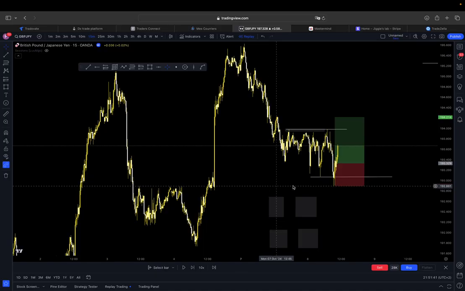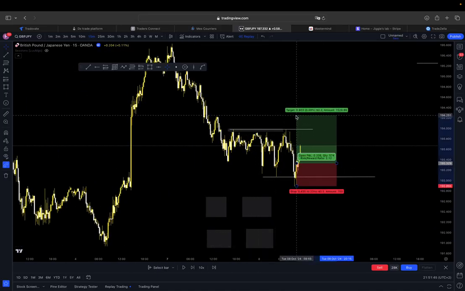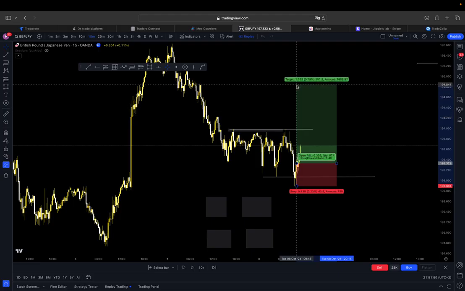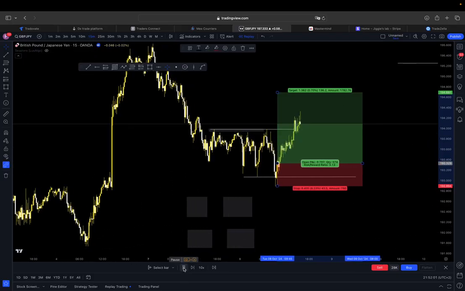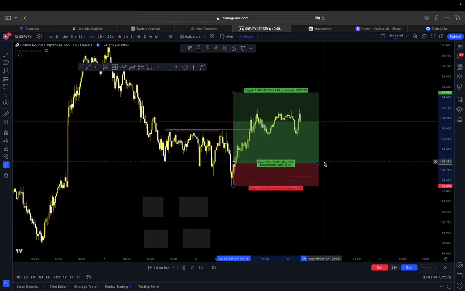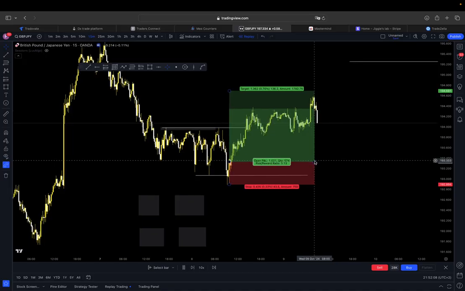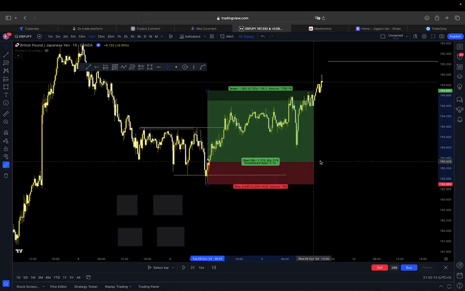It taps into this order block here, so I should still expect price to sweep out this liquidity. Probably tap into this order block. Yeah, let's just go for 1 to 3. Now let's see what price does here. Now, there you go. We won the trade.